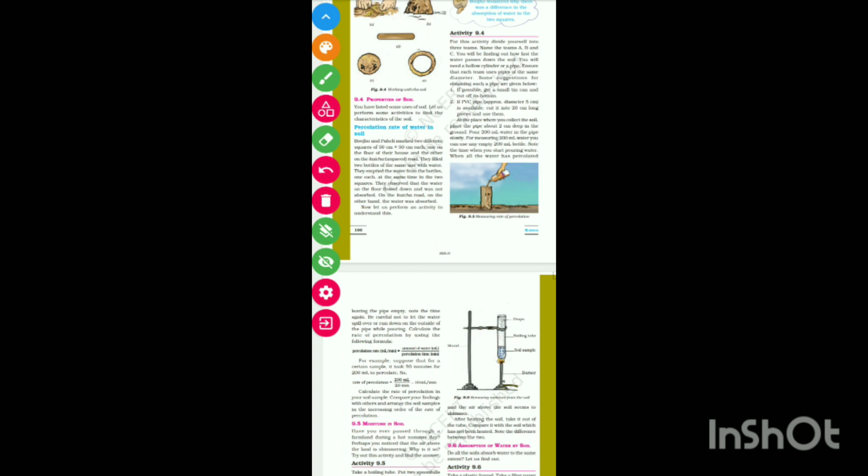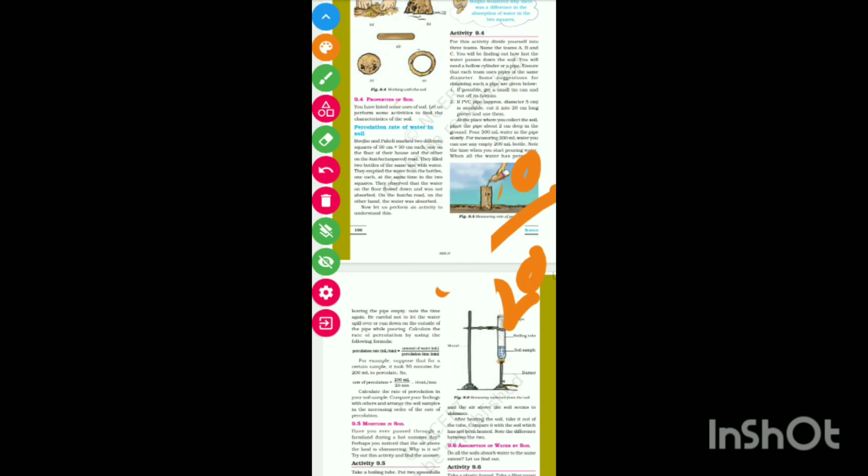For example, suppose that for a certain sample it took 20 minutes to percolate 200 milliliters of water. So what is the percolation rate? 200 ml by 20 minutes. So 200 by 20 is equal to 10. So the percolation rate is 10 milliliters per minute.